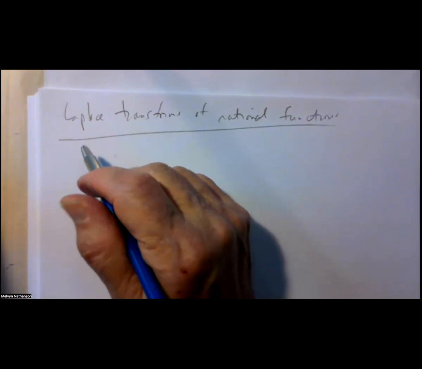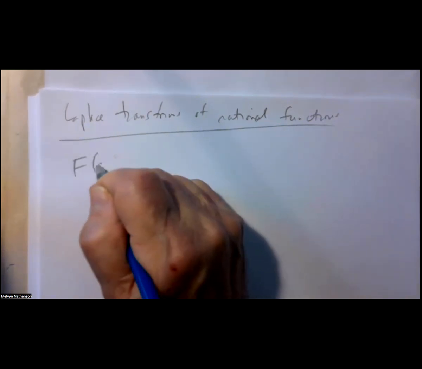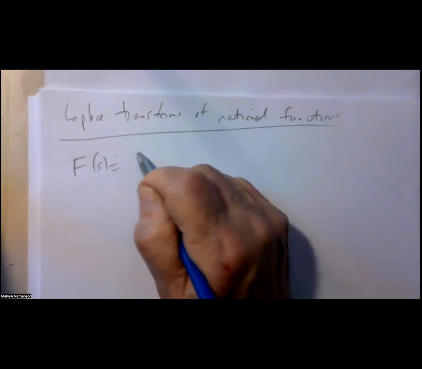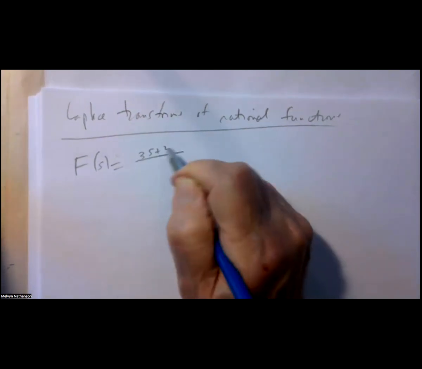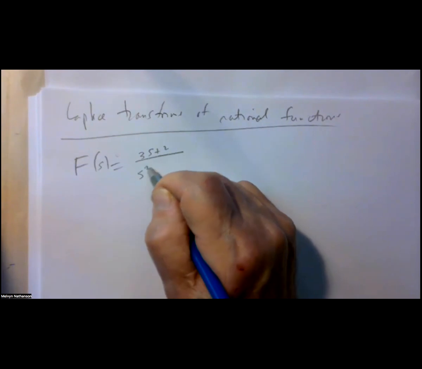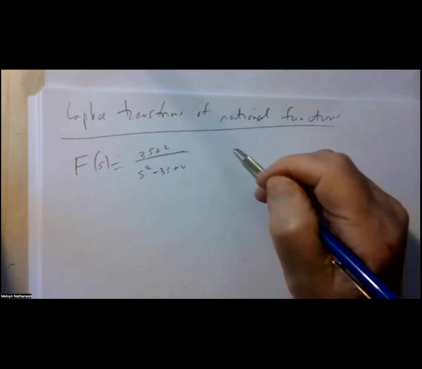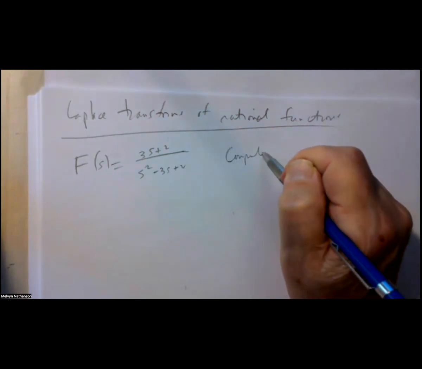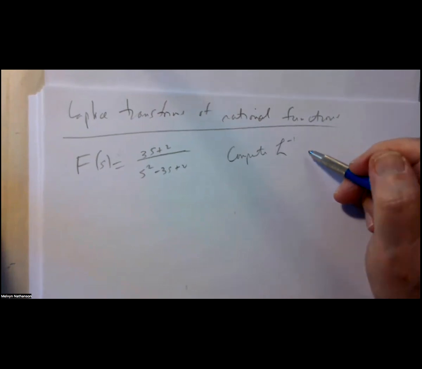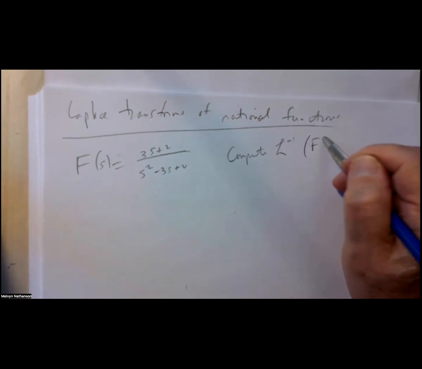Suppose we have a Laplace transform f of s equal to 3s plus 2 over s squared minus 3s plus 2. And we want to compute the inverse Laplace transform of f of s.